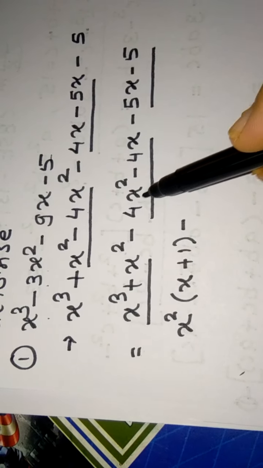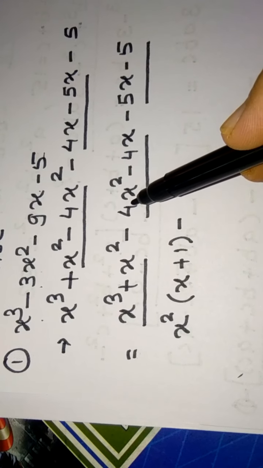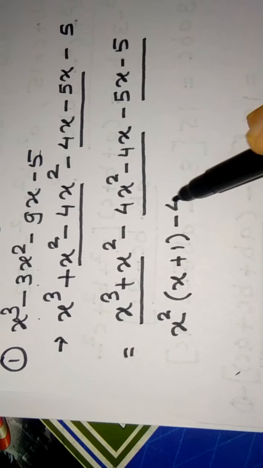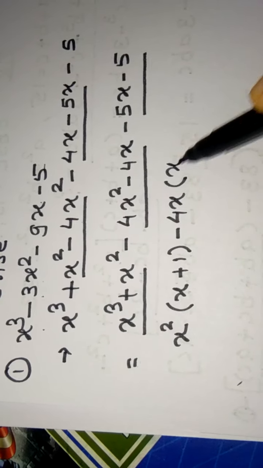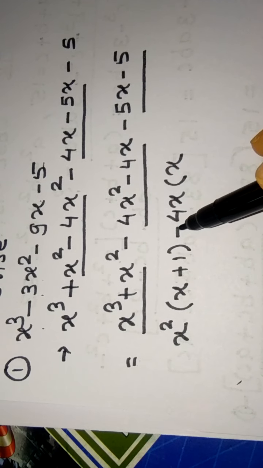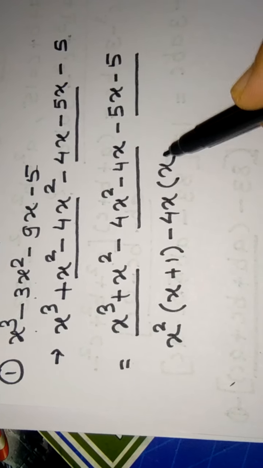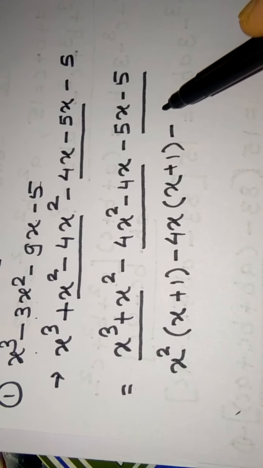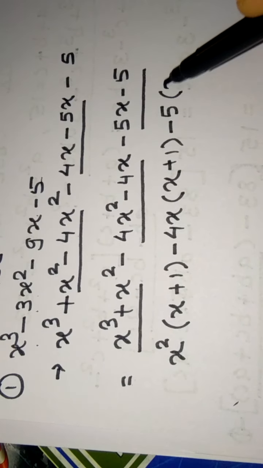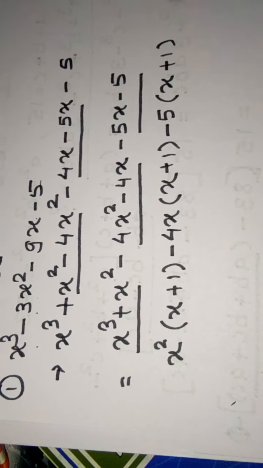Minus, from this if I take common 4x, the remaining term is x plus 1, as the minus sign is outside the bracket. From this I can take common 5, x plus 1.